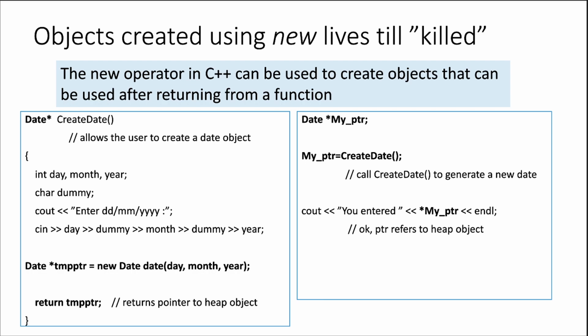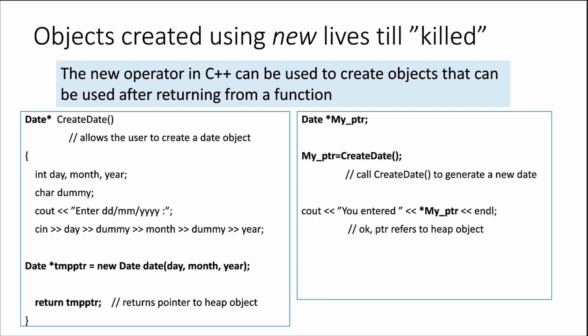Then what are you returning? You are returning the pointer. Observe that you created dynamic memory over here, that is, you asked for allocation in this function, then you are returning the pointer to this function here. myPTR equal to create date. You got the pointer here.